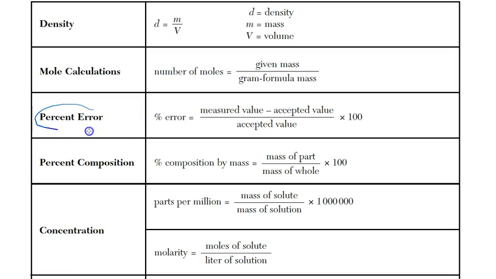So percent error, there it is. The measured value, which is the student's value, minus the accepted value, which we get from the table, times 100.